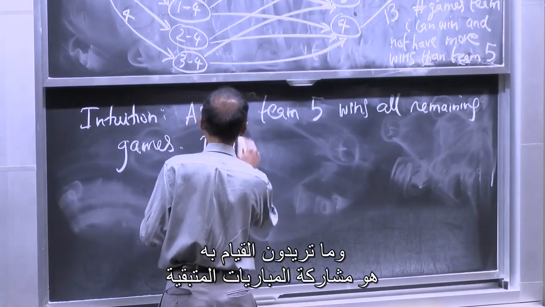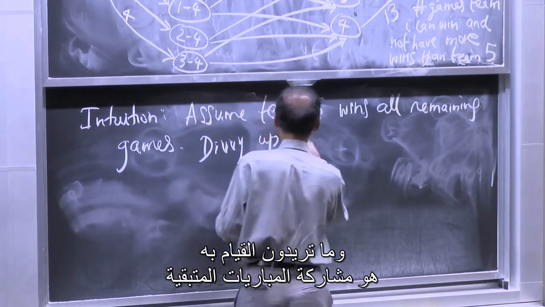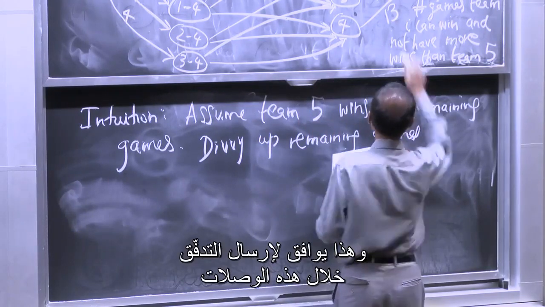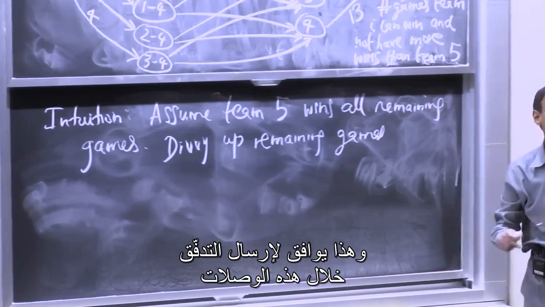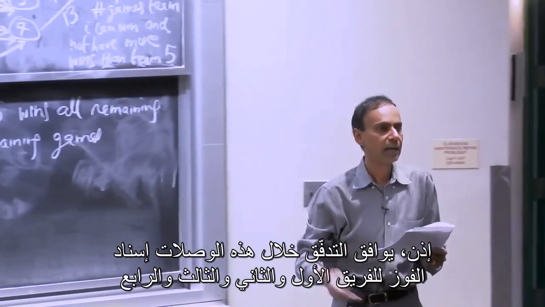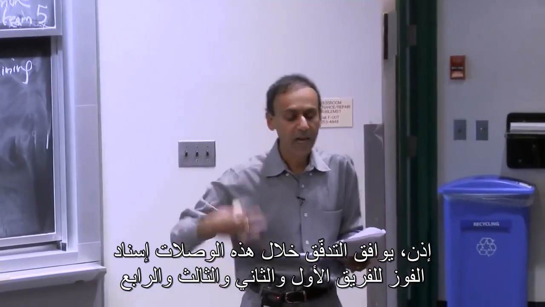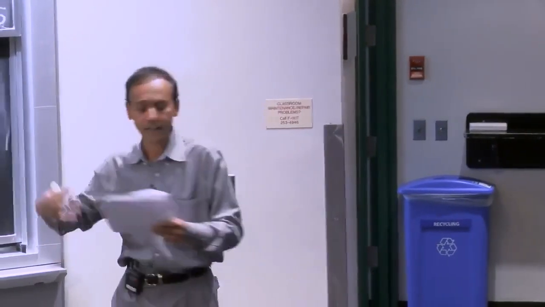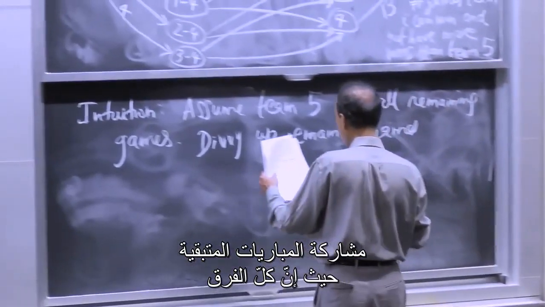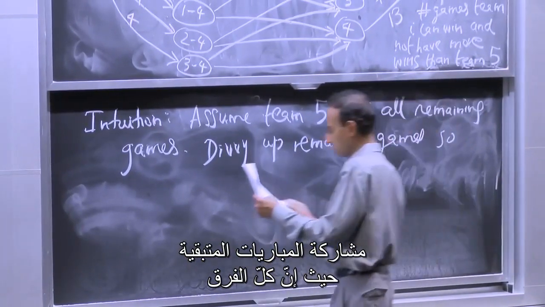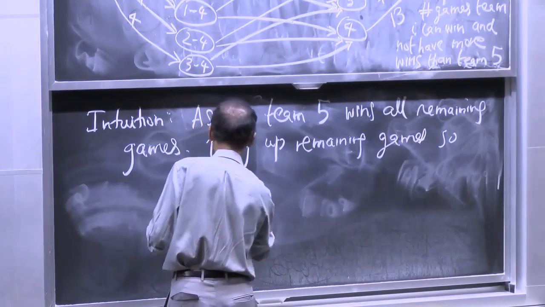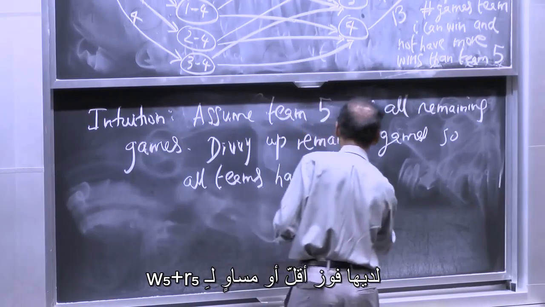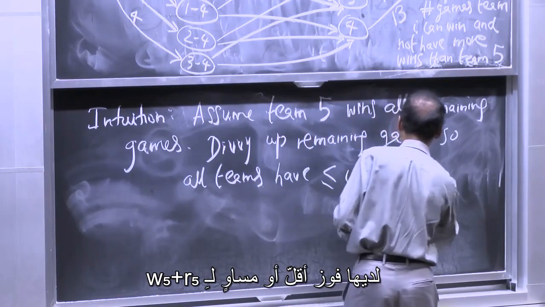And what you want to do is divvy up the remaining games, and that corresponds to sending flow through these edges. So flow through these edges corresponds to assigning wins to teams 1, 2, 3, and 4. Okay, that's the key. Divvy up the remaining games, so all teams have less than or equal to W5 plus R5 wins.